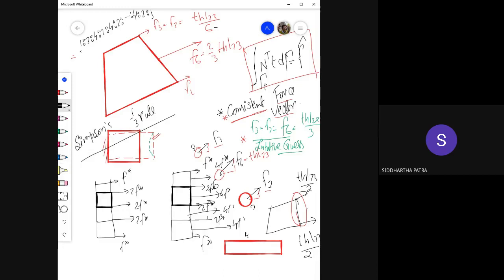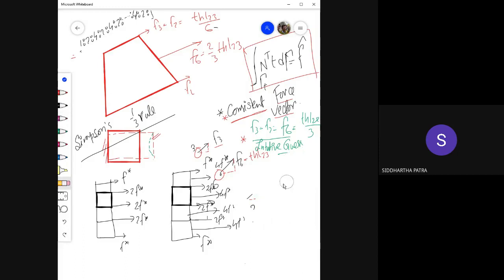And you can imagine, just like the previous example, if you were to have uniform force, the same force at each node, what sort of deformation you would see.